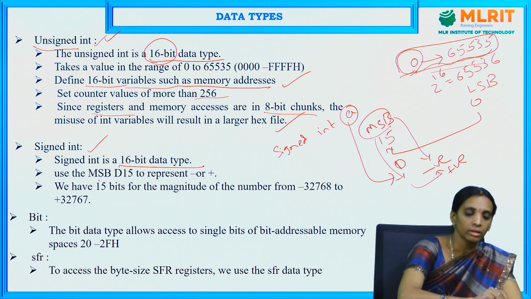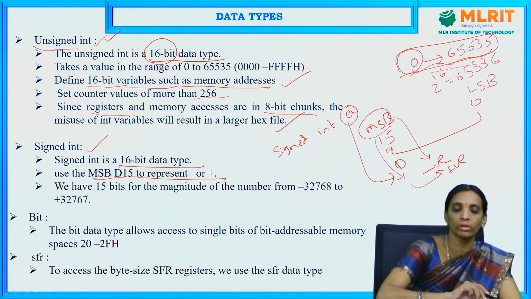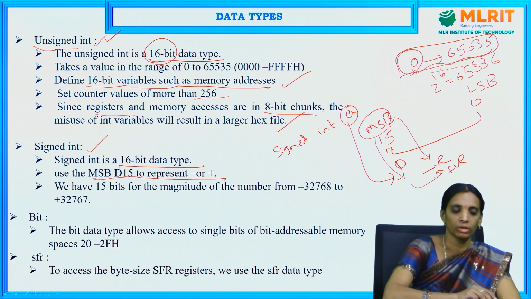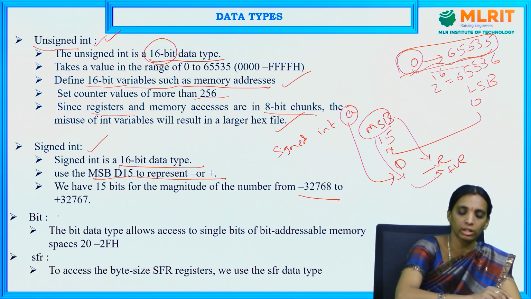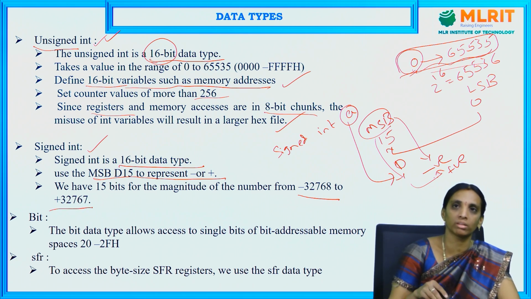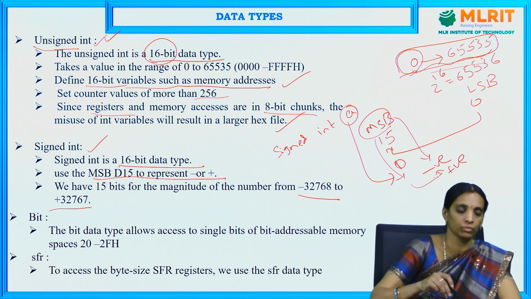So D15 is used for representing minus or plus, and we have 15 bits for the magnitude, from minus 32,768 to plus 32,767. This is the range of signed int numbers.